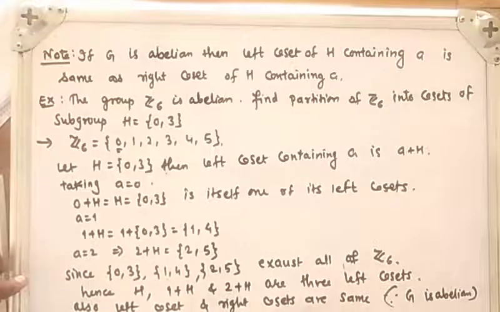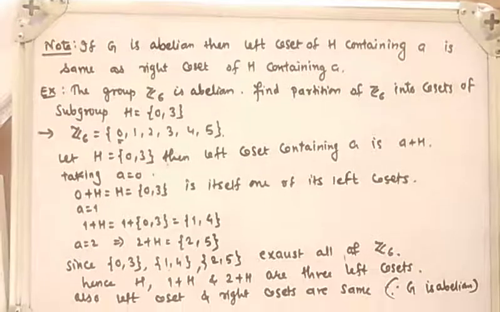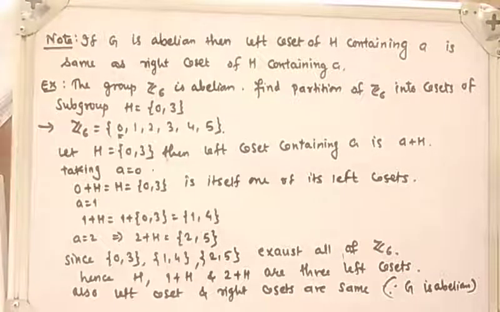So we will get a total of three different cosets. So here we say the left cosets and right cosets are also the same because G is an abelian group. Let's see another example.